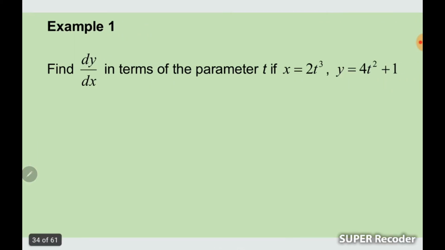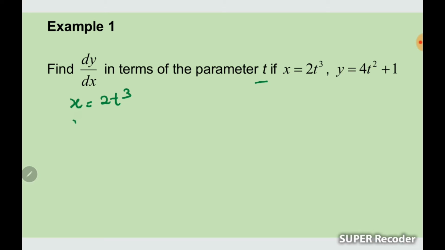Okay, let's take a look at the first example. Find dy/dx in terms of the parameter t if x is given as 2t cubed and y is equal to 4t squared plus 1. To solve this, we need to write first what is x in terms of t. x equals 2t cubed.